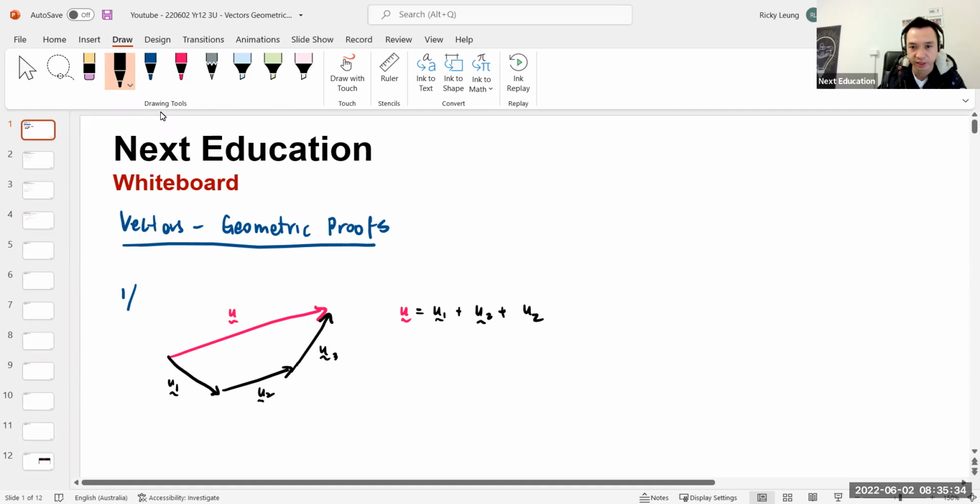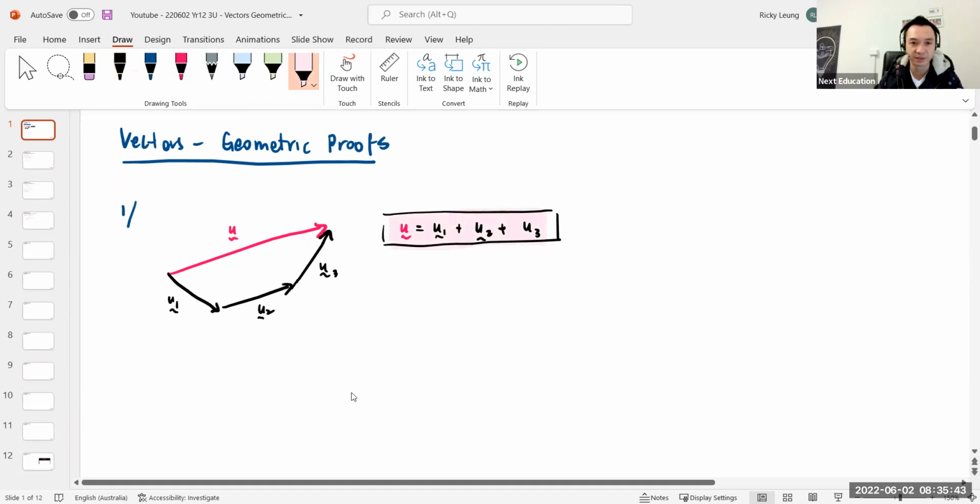Pretty easy concept, very commonly asked in vector proofs. So that's the first bucket of questions.